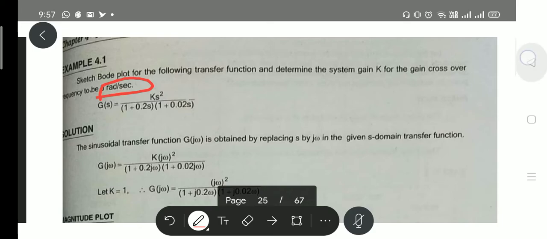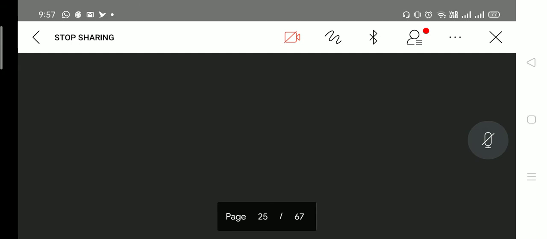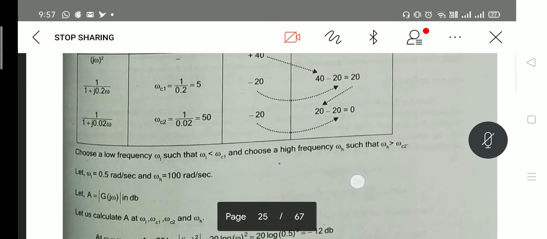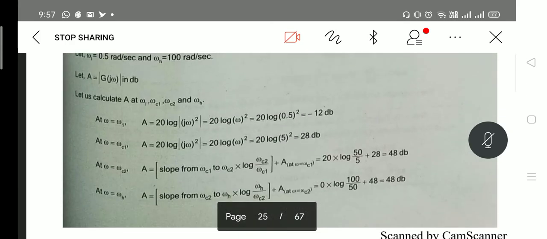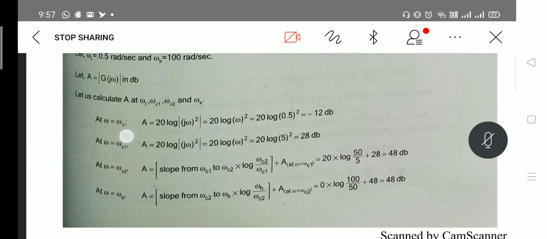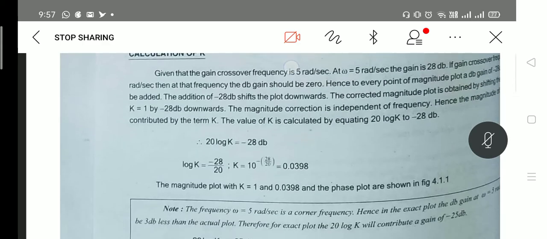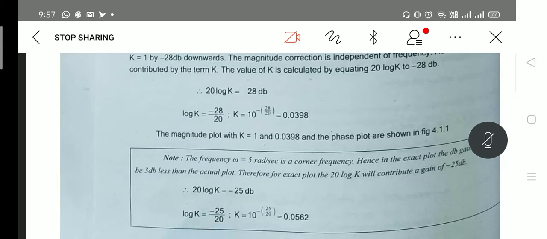So I am taking the magnitude at 5. The corner frequency is 5, magnitude is 28. So I am substituting here 28 dB, 20 log k equals minus of this value.